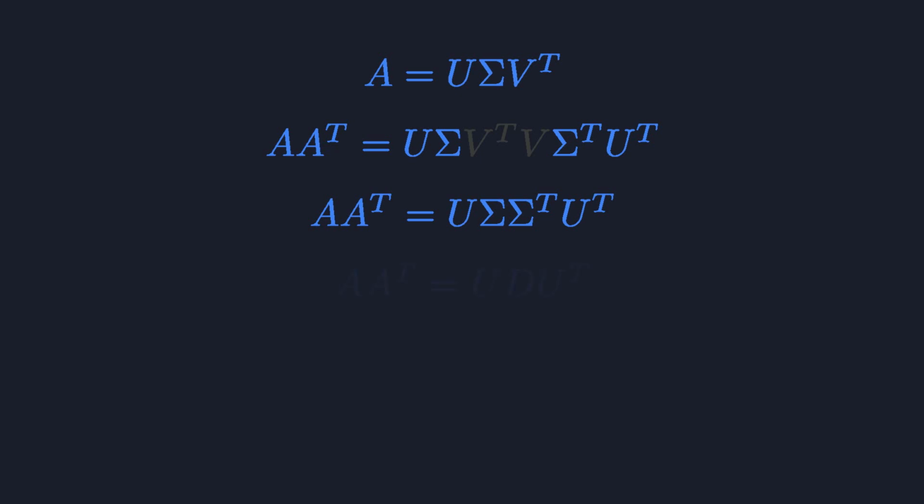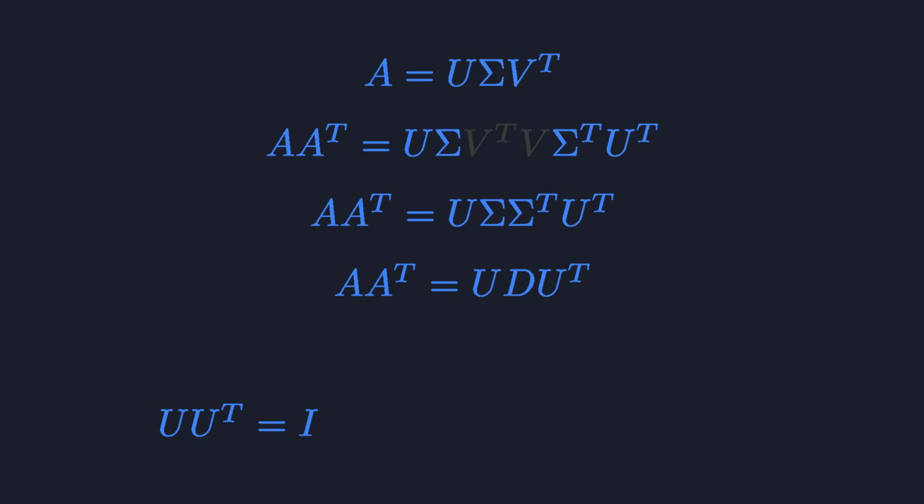The next thing we do is write the product of sigma with its own transpose as a new matrix D. It's a square diagonal matrix, and it just has the squares of the singular values on its diagonal. Now for the final clever trick. Remember that the matrix U itself is also orthogonal, so it satisfies the same equation.